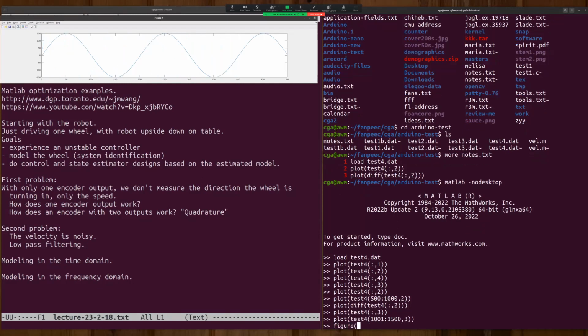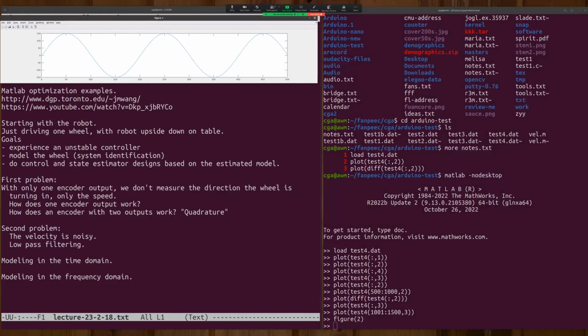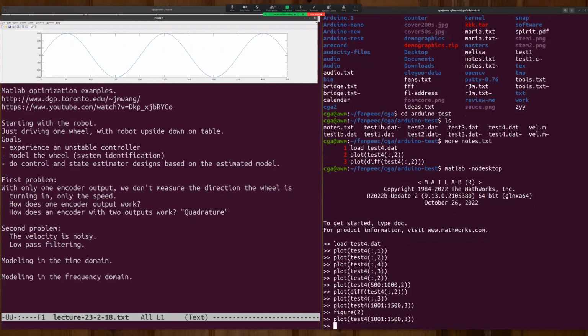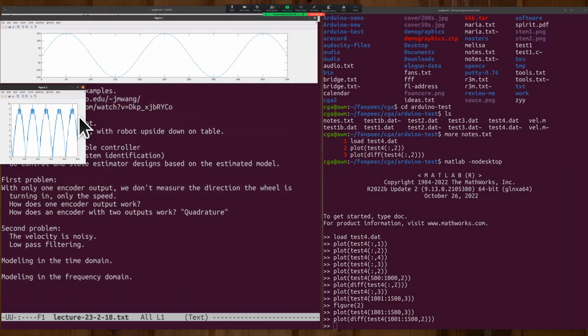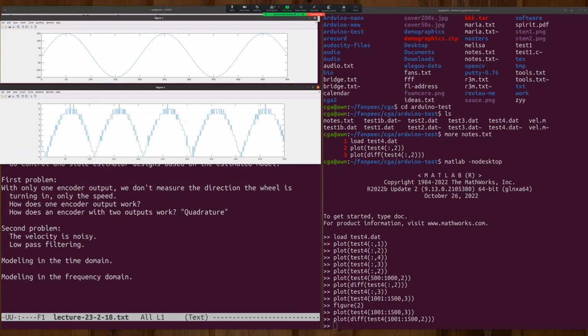And then let's say figure 2, 1001, 1500. All right. So here, the top is the command, and the bottom is what I'm getting from the encoder. I'm trying to align these things.